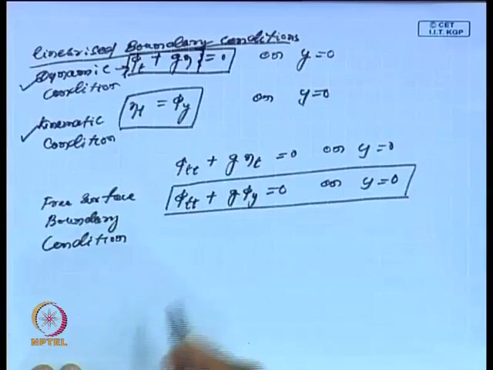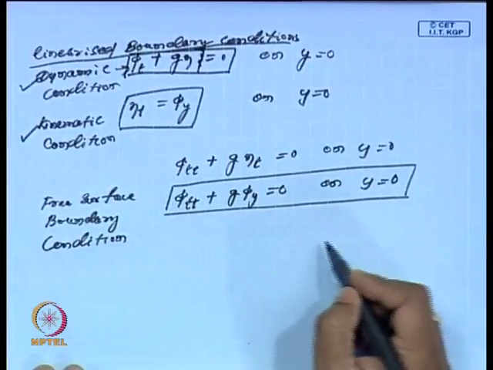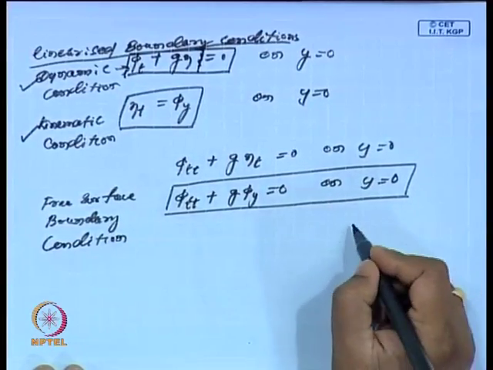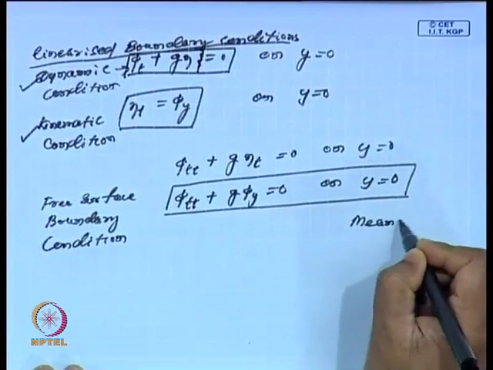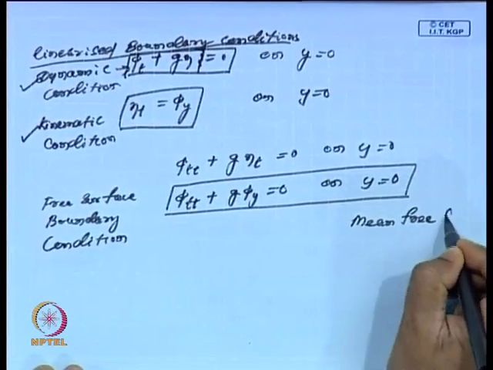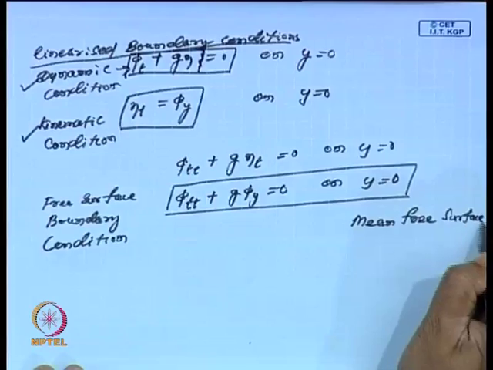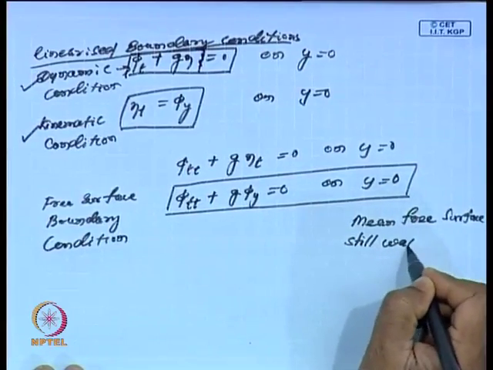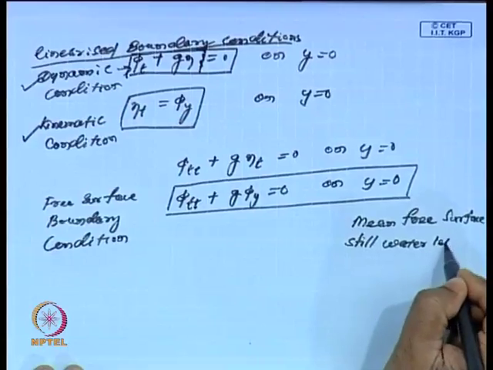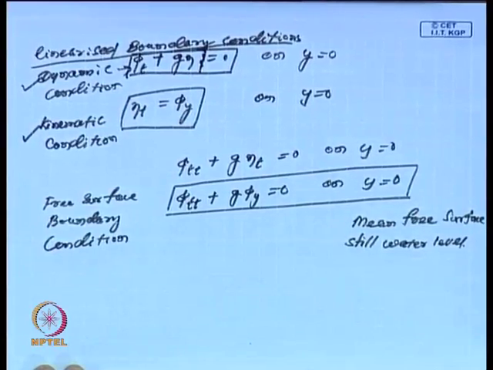Now, I look at the whole thing, and what is y equals 0? Y equals 0 is, as I have mentioned, what I call the mean free surface, or my still water level.